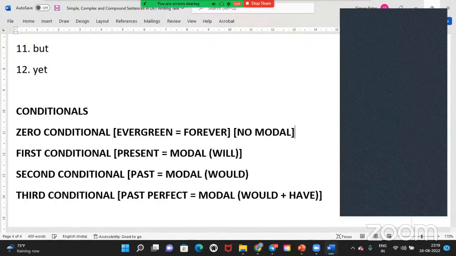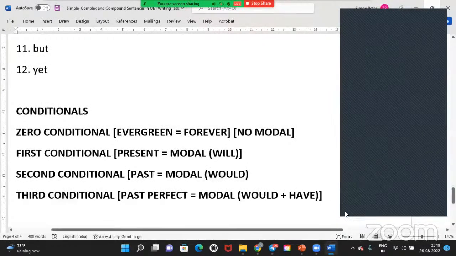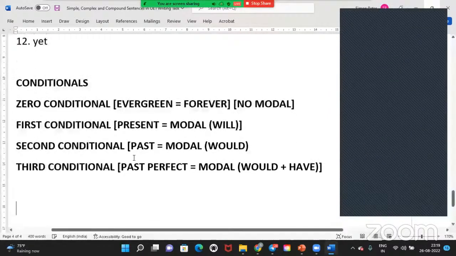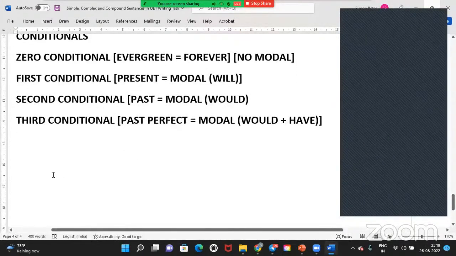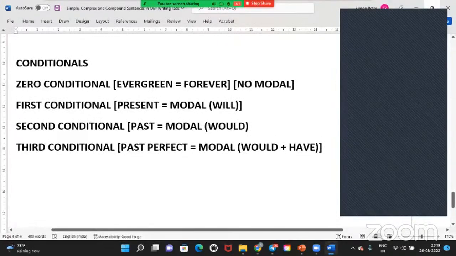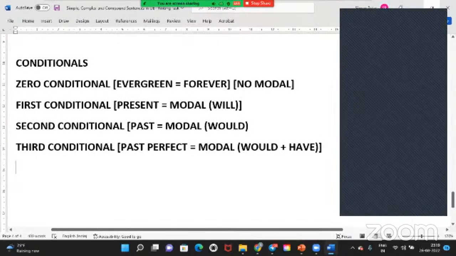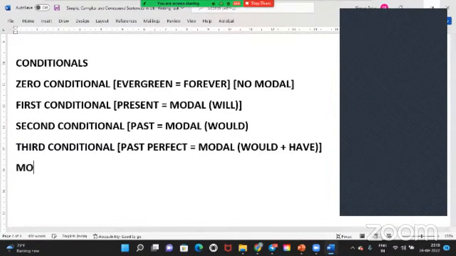What are modal verbs? Now another topic. You have to learn all these things. I said class is finished, but still I am telling what I am going to teach tomorrow. Modal verbs. Learn them before coming tomorrow.